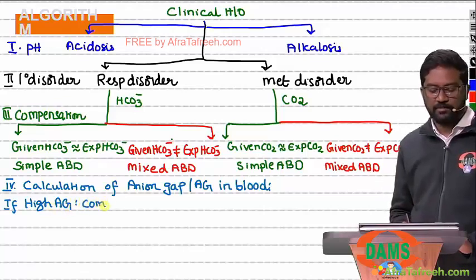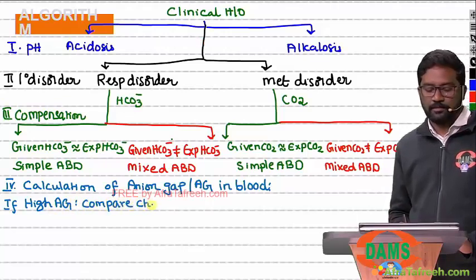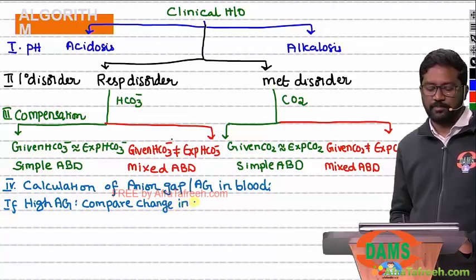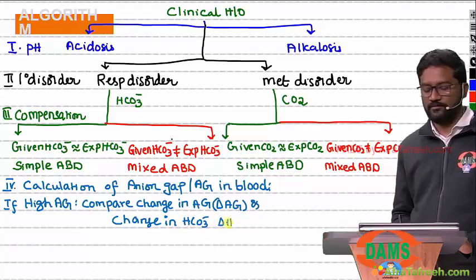One should compare change in anion gap, also written as delta anion gap, and change in bicarbonate, also written as delta bicarbonate.